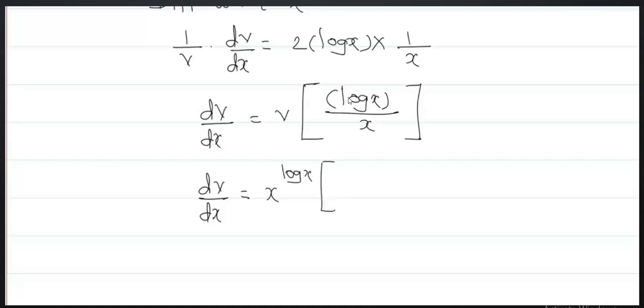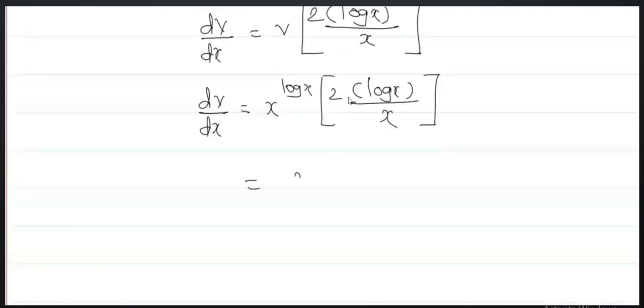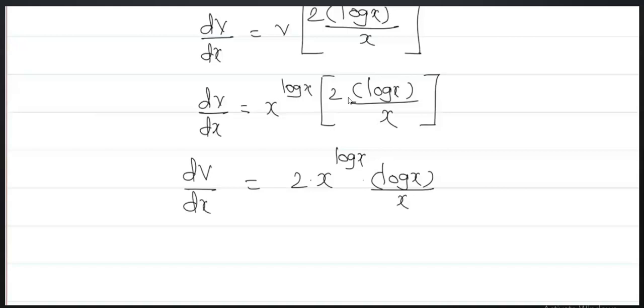Therefore dv by dx is equal to x raised to log x in bracket 2 log of x upon x. That is 2 into x raised to log x into log of x upon x. This is the dv by dx.